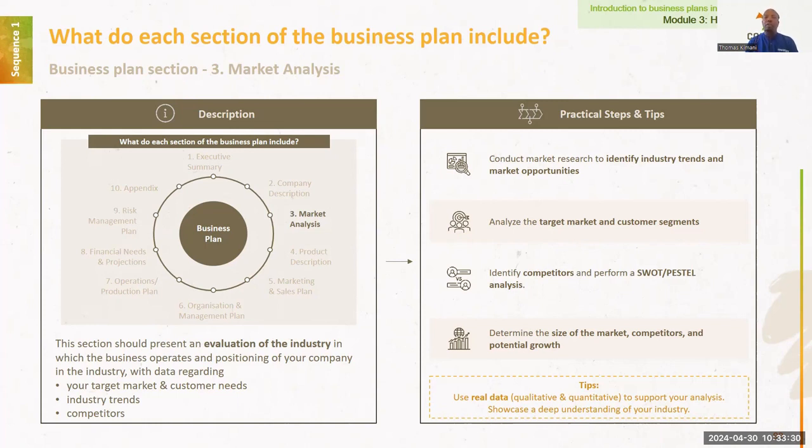The potential growth. If you get into an industry and there's no growth, I think you're in a very precarious position, because you want the business to grow organically. And the best way to grow organically is if there's also a market that can grow.